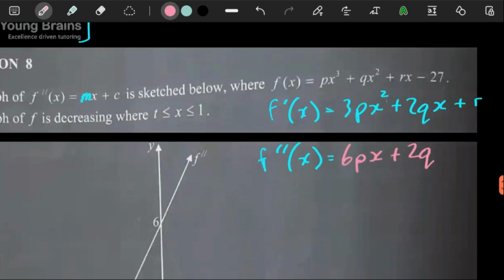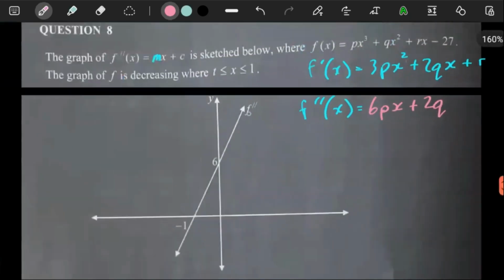So what you want to recognize is, because you can see that this is a positive gradient, it means the p here is a positive number, because a positive number times the 6 is the only thing that can produce a positive gradient. And this m here, we know it's standing in the place of this 6p.